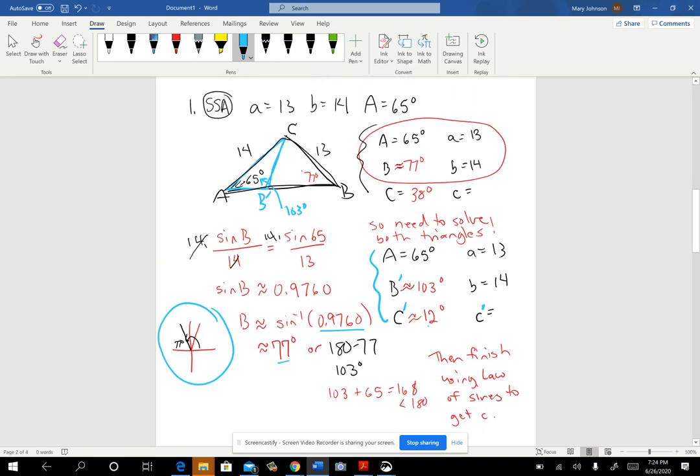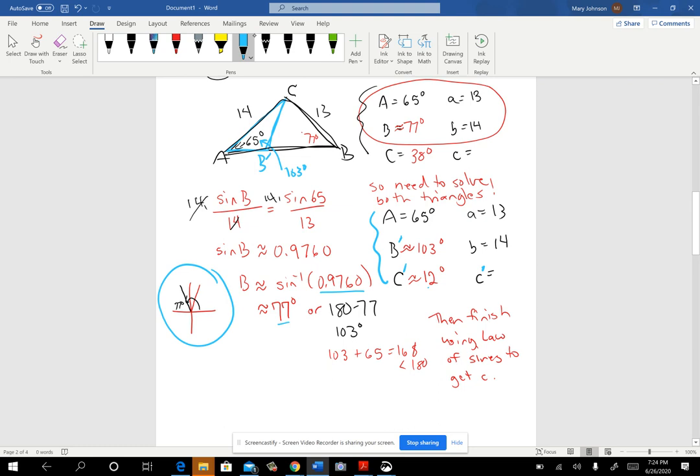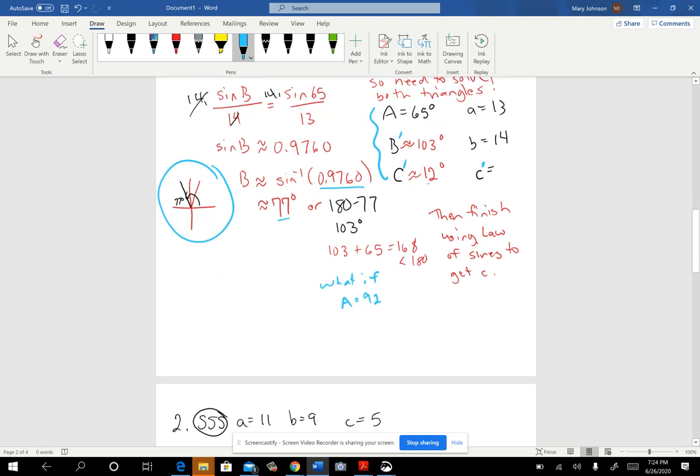If the original angle A was, instead of being 65, what if A equaled like 92 or something like that? Well, then if you took 103 plus the 92, it would be more than 180, wouldn't it? And if it's more than 180, that's not possible in a triangle. So not possible, and you wouldn't have to deal with the 103. So that's the issue.